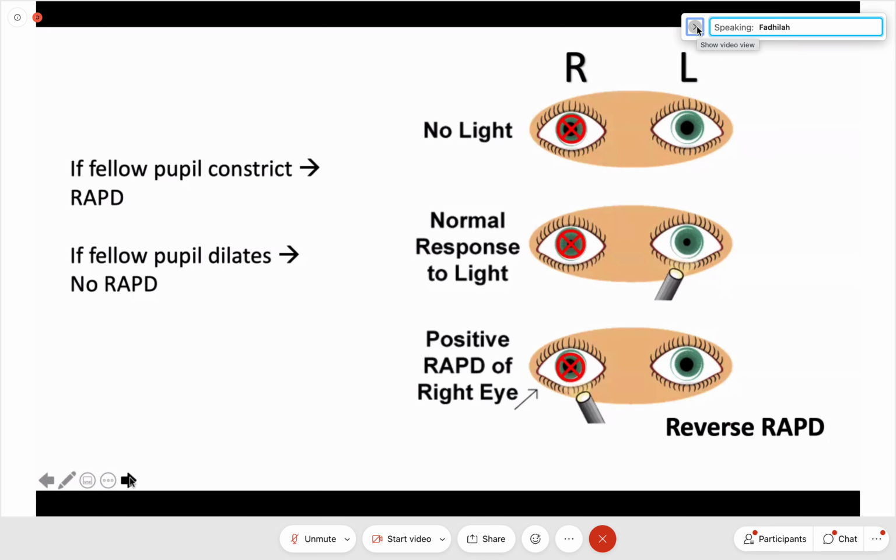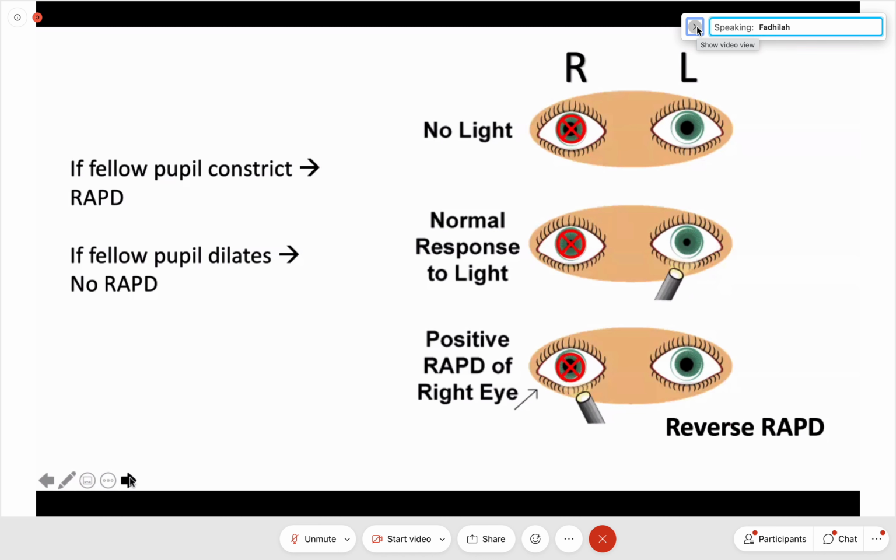Now, if you were to do the two torchlight technique, probably it will be easier because you put a light under the patient's face down below, shine both pupils, and then you will see that the left pupil starts to dilate. But since I'm using the swinging light test, what I see is when I swing from the left to the right, and then I swing back to the left, if that pupil constricts, meaning there is RAPD.